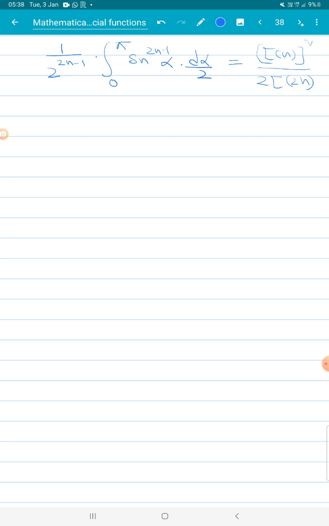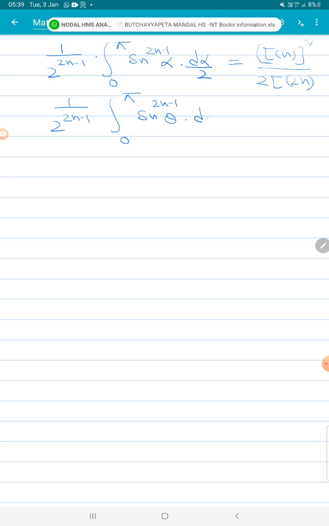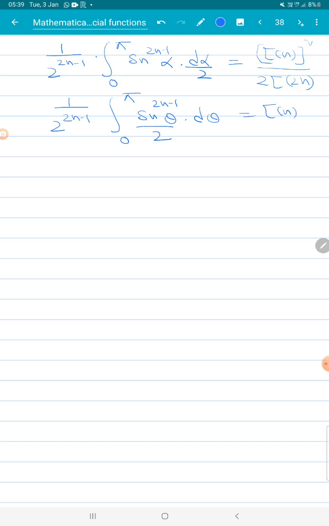I would like to change this integration as 2 to the power of 2n minus 1 into integration 0 to pi of sine to the power of 2n minus 1 d theta by 2 into 2, so 2 to the power of 2n, is equal to gamma of n whole square by 2 into gamma of 2n.